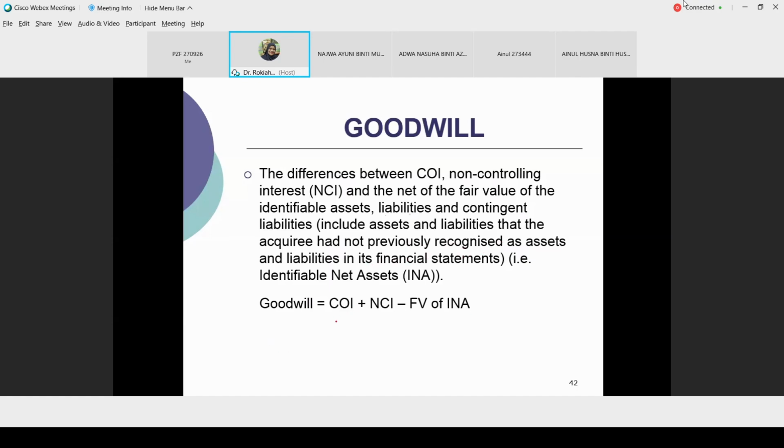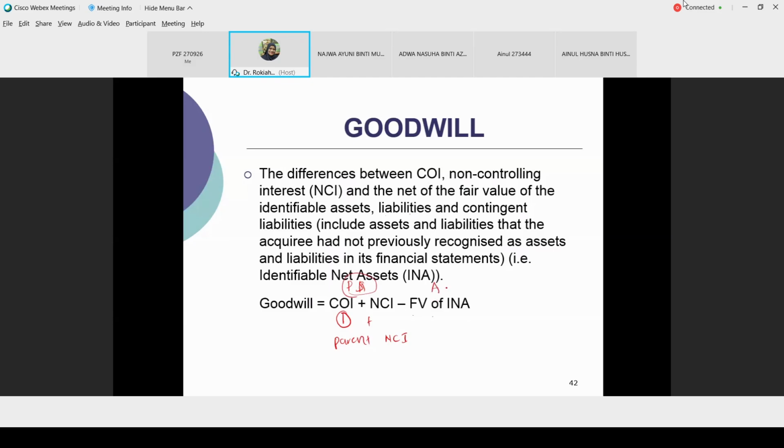So goodwill is calculated from the purchase price. The purchase price is the combination of the investment by the parent plus the investment by NCI, minus the net identifiable assets.